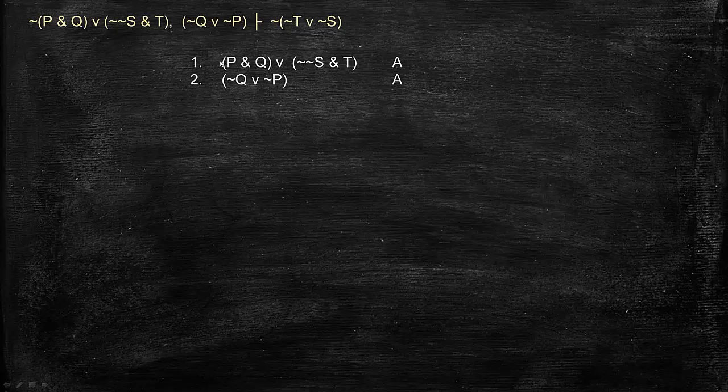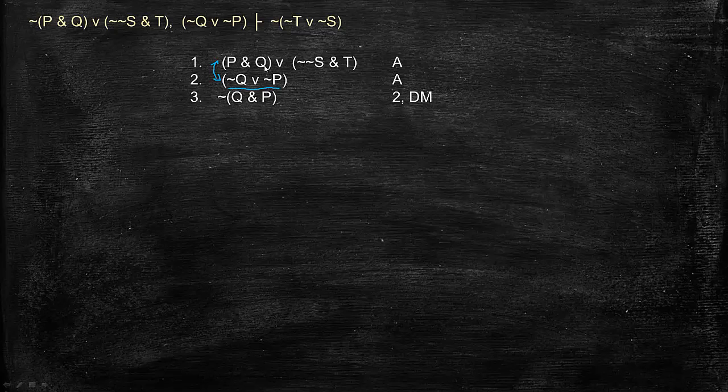Well, what I see when I look at this for a while is an interesting relationship here between P and Q and not Q or not P, because this is definitely an instance of DeMorgan's, right? Not Q or not P, which converts to it's not the case that Q and P, right? And the reason that's interesting is because this is basically the negated version of this.